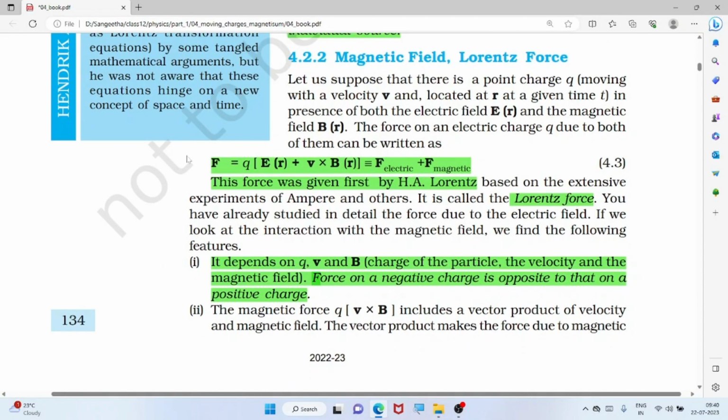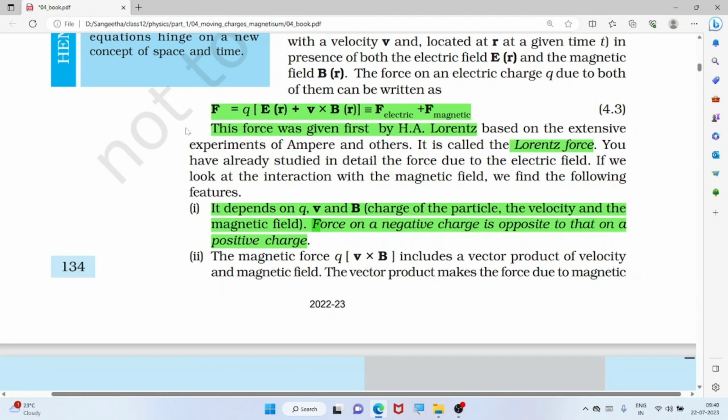The force on a charge due to electric and magnetic fields is given by this Lorentz equation. This is the electric force due to the electric field, and this is the force due to the magnetic field, F magnetic and F electric, given by this Lorentz equation.